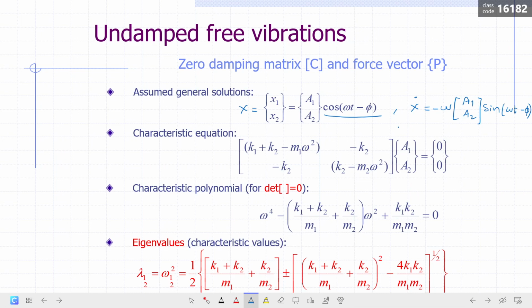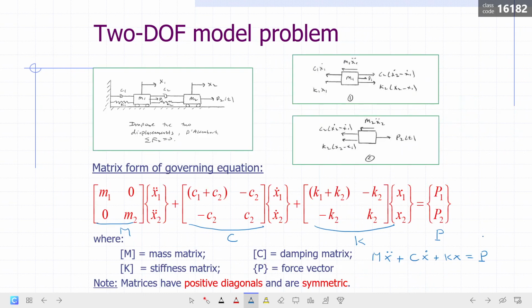And then find H double dot. It must be minus omega square A1 A2 cosine omega t minus phi. Then substitute this back to this equation.